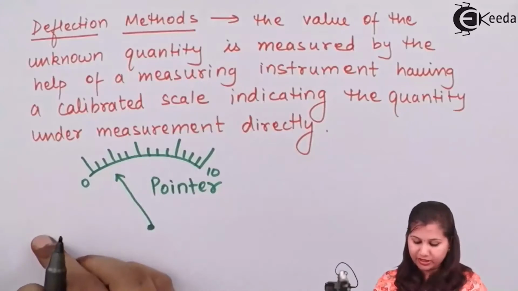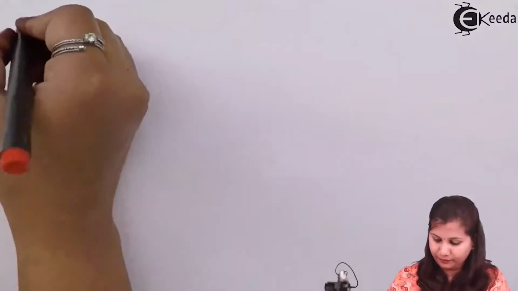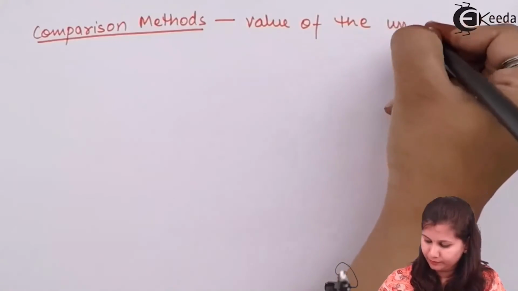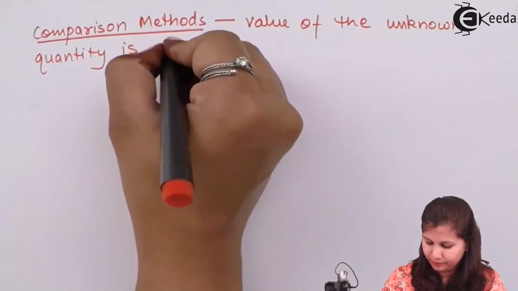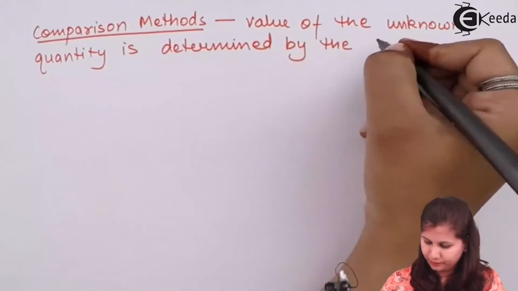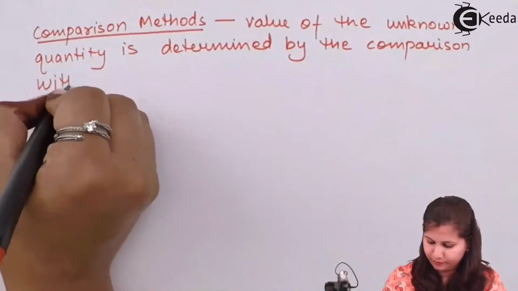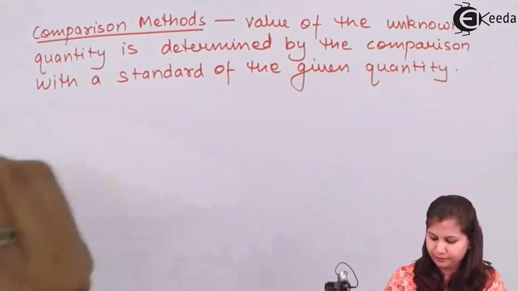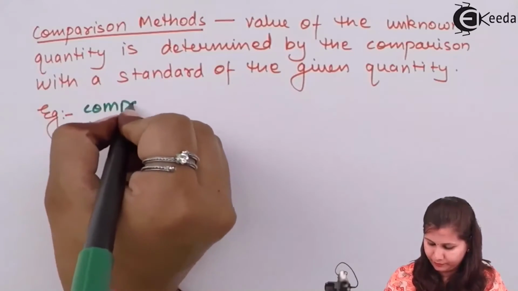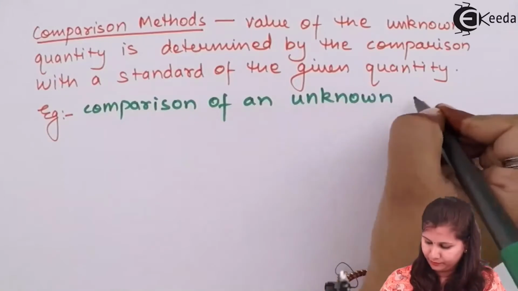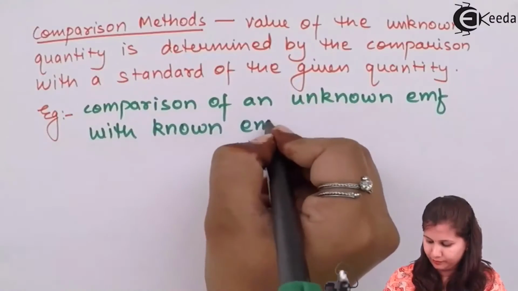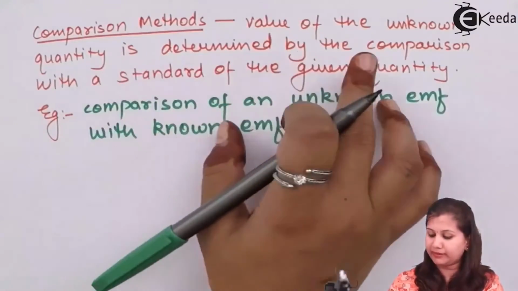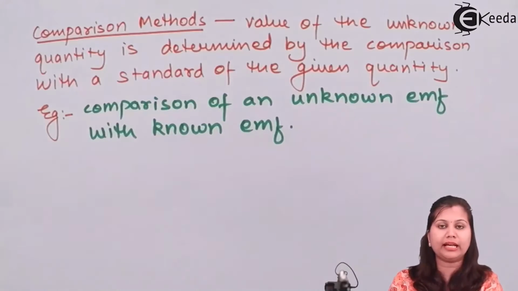The other type we studied was the comparison methods. In comparison methods, the value of the unknown quantity is determined by a comparison between the standard quantity and the unknown quantity.